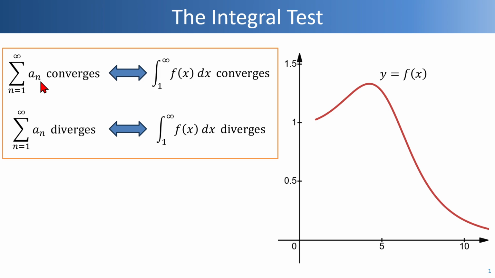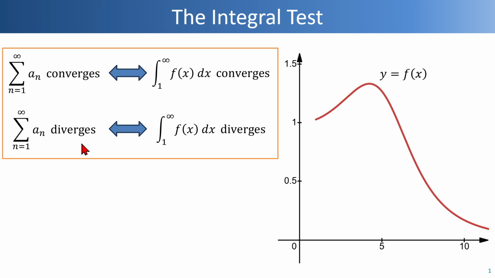If you replace the n by x, you're going to get a continuous function. And if you evaluate the improper integral from 1 to infinity, you can decide whether that integral converges or diverges. If it converges, then the series also converges, whereas if the integral diverges, then the series also diverges.